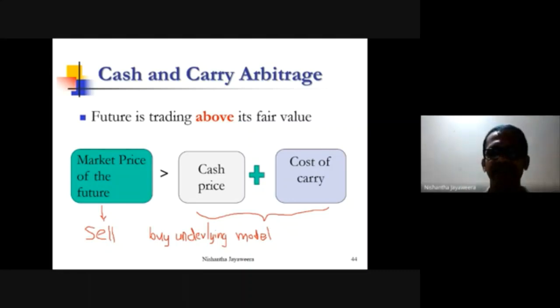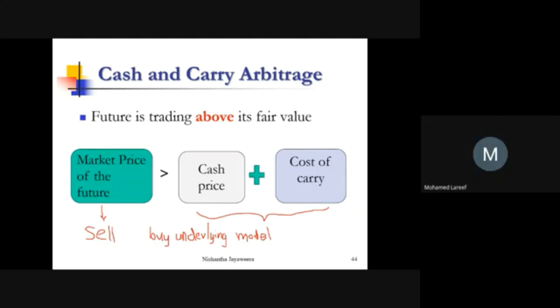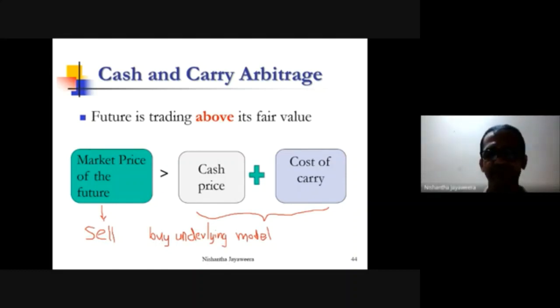To buy the underlying asset in the cash market, what do you need? Cash, sir. You need cash, right? Cash, yes. How do you get cash? From where do you get cash to fund your position?